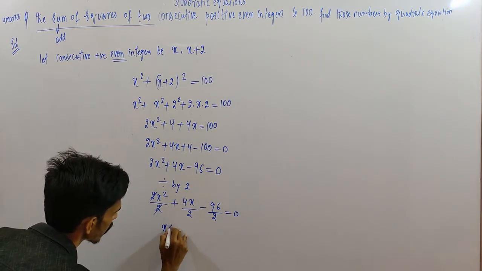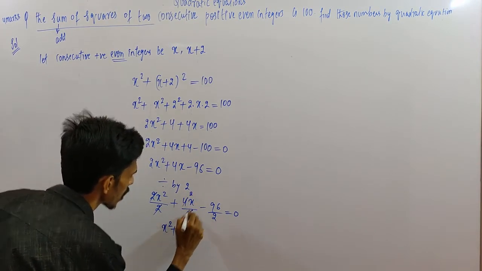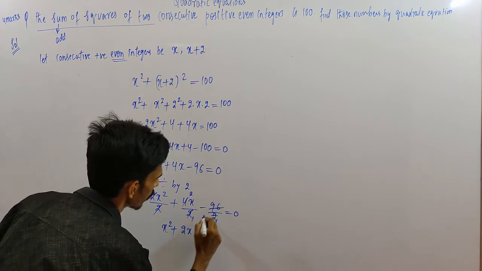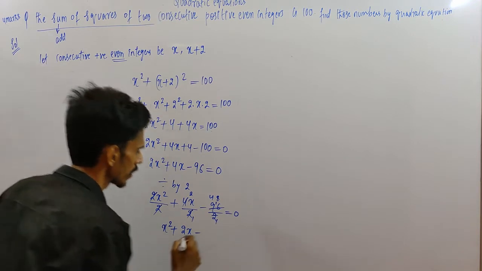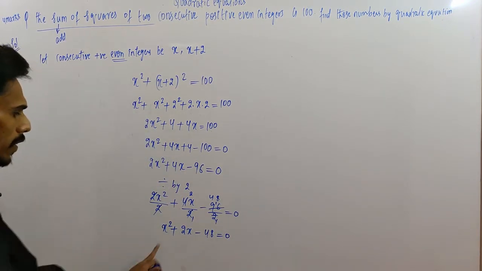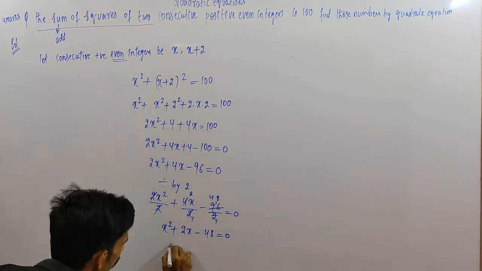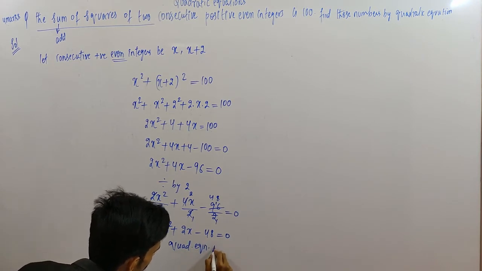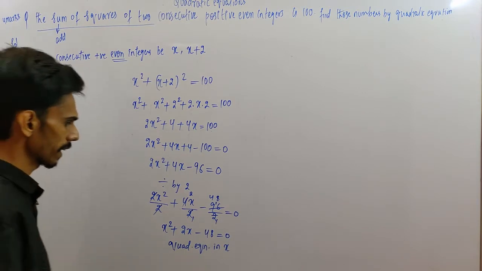We have x square plus 2x. 96 by 2: 2 ones are 2, 2 fours are 8, 2 eights are 16, so we have 48. x square plus 2x minus 48 equal to 0. This is a quadratic equation in x.